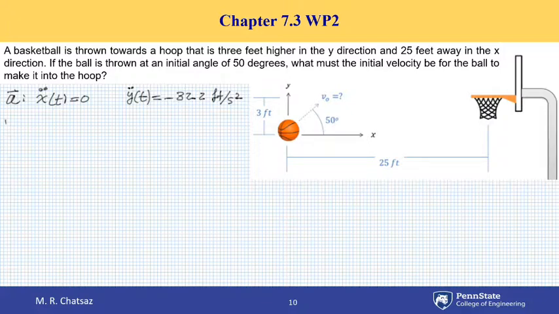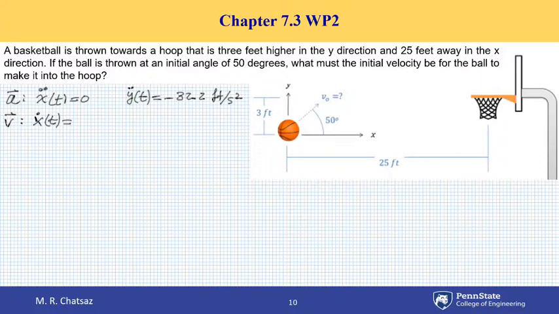Then if we recall the definition of acceleration, acceleration is the derivative of the velocity vector. So if I want velocity, I have to integrate acceleration to get velocity. Therefore, in x direction, x dot, which is the integral of x double dot, is simply the integral of 0, which is a constant, because the derivative of a constant is 0.